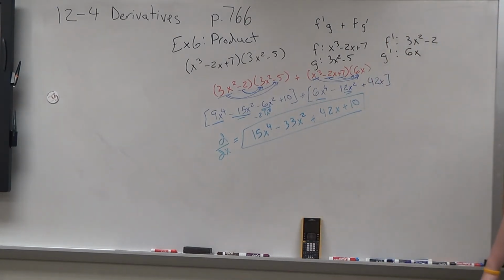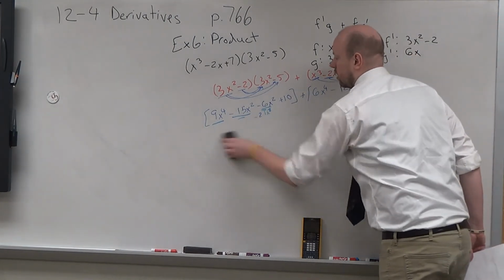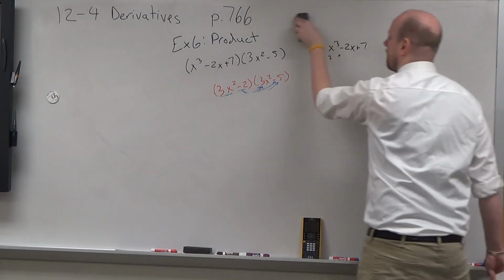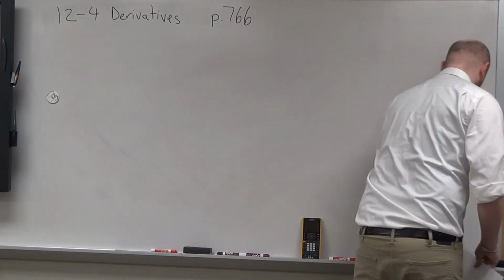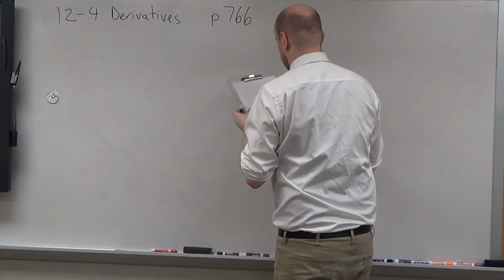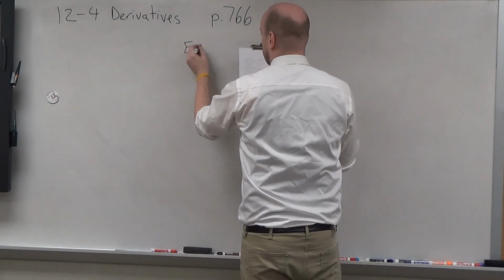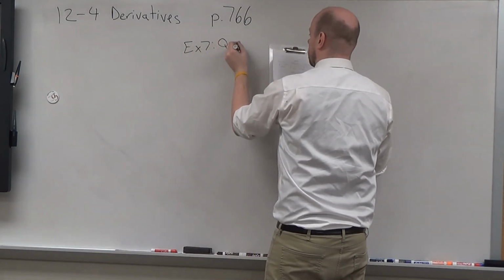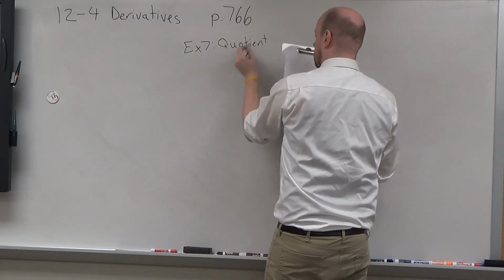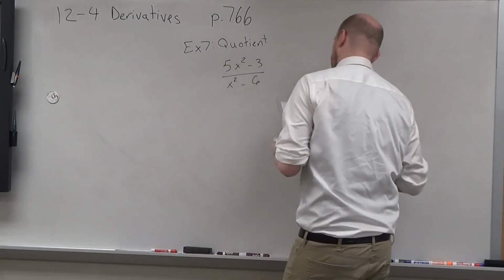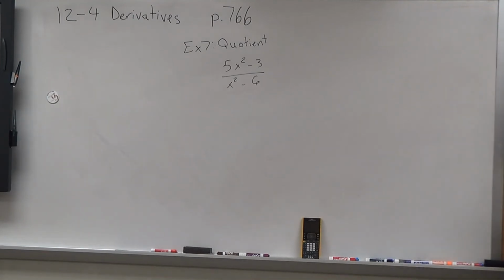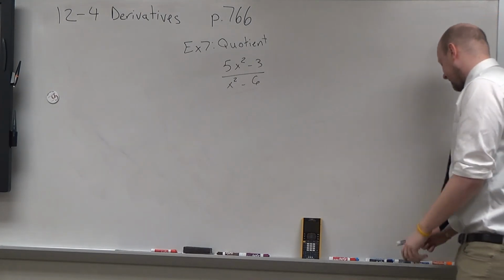Okay. Now on to example 7, which is the quotient rule. Okay, so I get 5x squared minus 3 all over x squared minus 6.